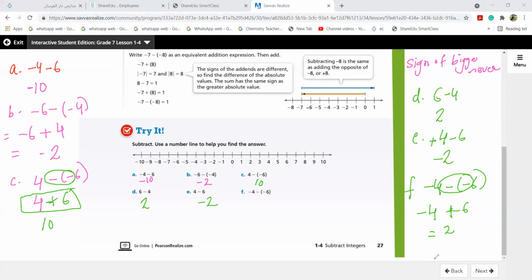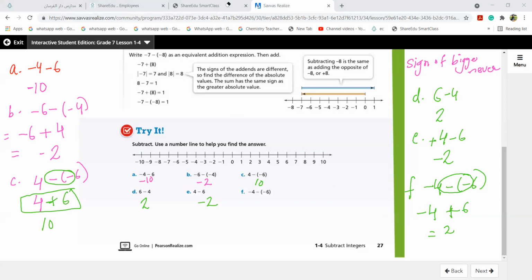It's understood. For minus, we write it. It's positive 2, right? This is not necessary to put in the answer. In the answer, if it's negative, we write it. If it's positive, we just leave it and it's understood that this is positive.